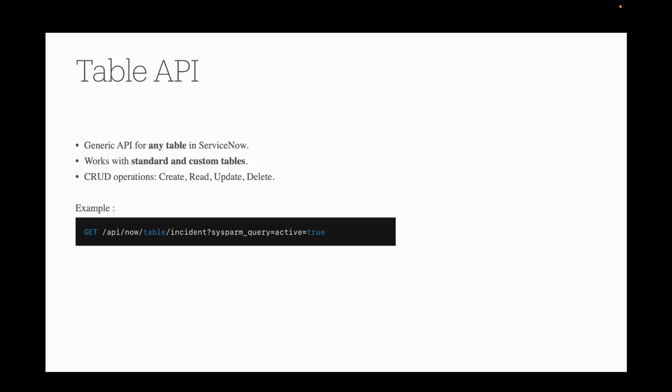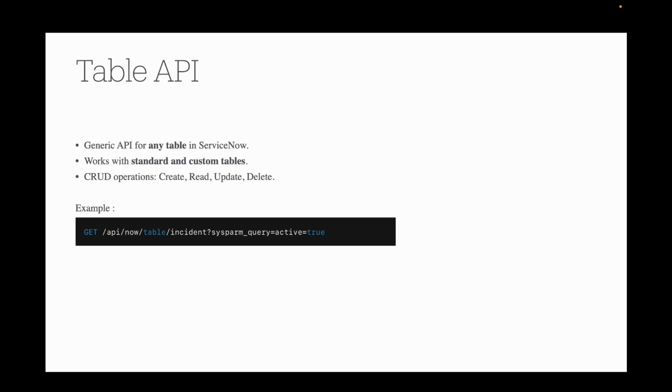In the example, you can see we are calling our table API on incident table and we are sending a query that says sysparm_query equals active equals true, and we are sending an HTTP verb GET in this case.